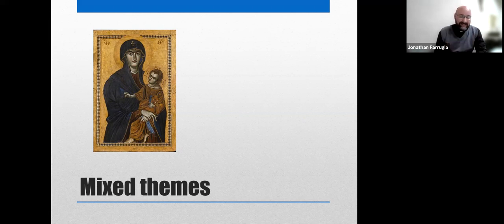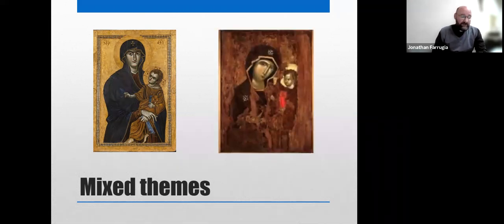Another case of mixed themes is an early 14th century icon of the so-called Eleemonitria, which is found also in Valletta, in the Church of Our Lady of Damascus. Now, according to tradition, the knights brought with them a number of very important icons.